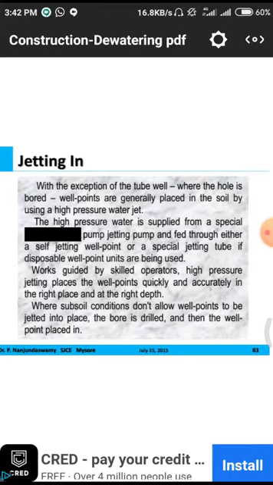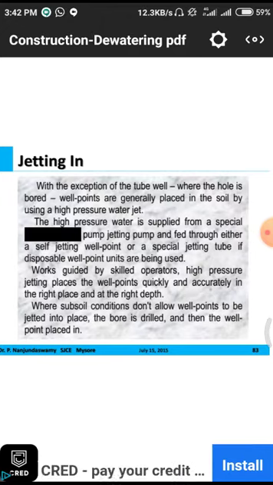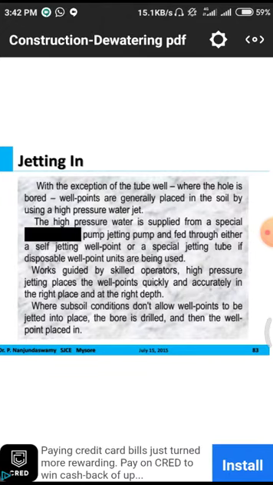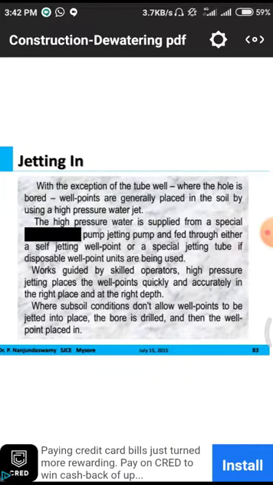The bore is drilled and the water will be pointed at a particular place. That means to get the water from the particular land and sublayers, we need to drill bores. By using those bores only, we have to drive out all that water.